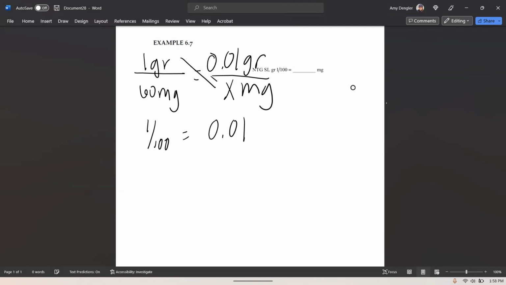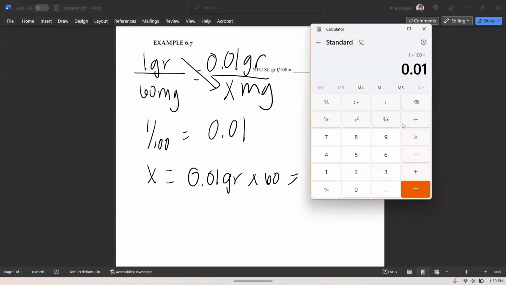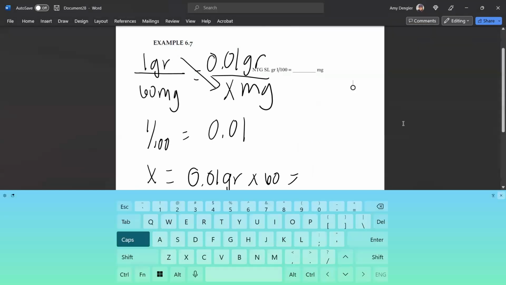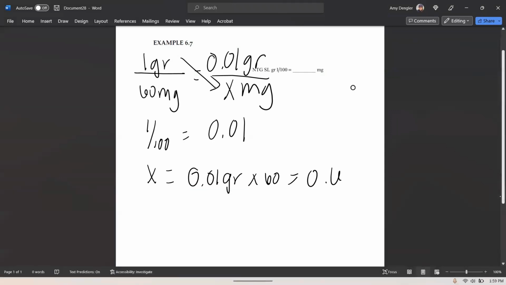All right, so we'll do 1x, which is just x, is equal to 0.01 grains times 60. Which gives us 0.6. So 0.6 milligrams.